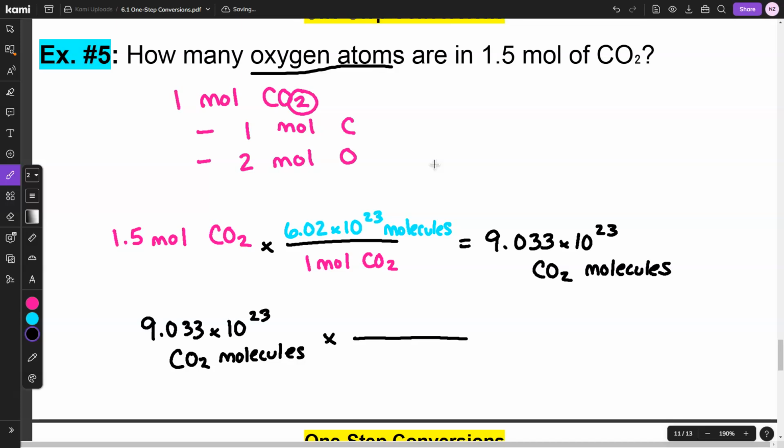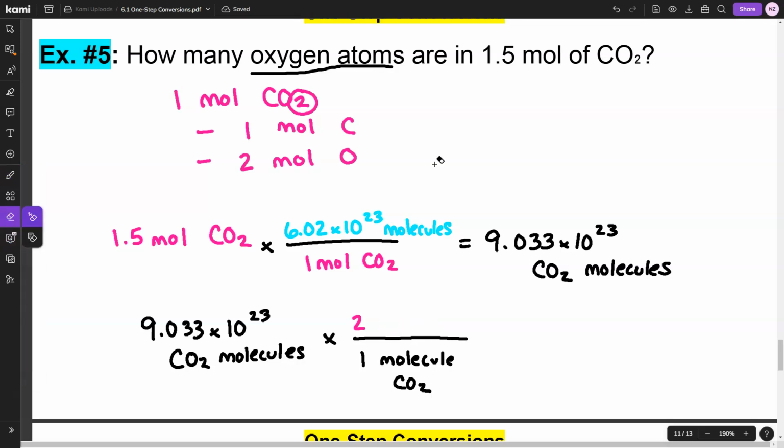Okay, so for every 1 molecule of CO2, I have 2 oxygen atoms. Or here, let me rewrite that, 2 atoms of oxygen.